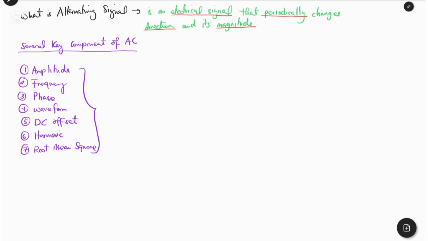In this discussion, I will mostly use the type of AC signal, which is the sinusoidal signal, for explaining all the key components. And in the sinusoidal signal, we have two types. One is the sine signal, and two is the cosine signal.